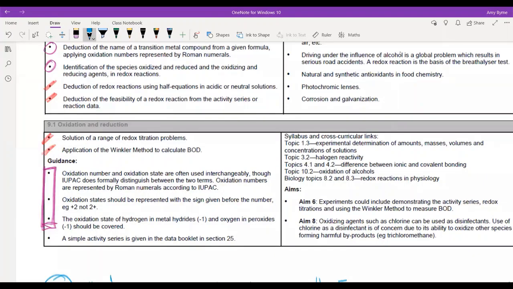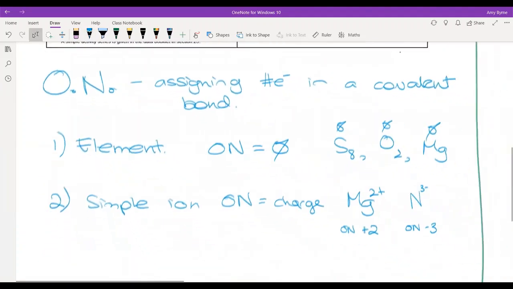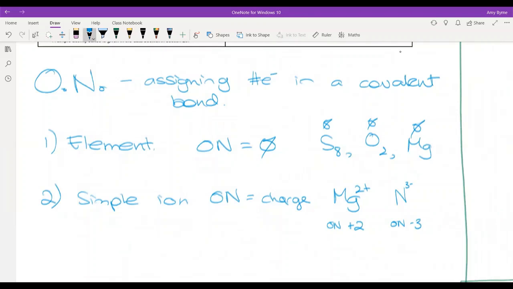Okay, so my apologies. I just needed to double check something up here. So I have made the mistake that they indicate here. I have used the terms oxidation number and oxidation state interchangeably. So oxidation numbers are represented by Roman numerals. What I'm doing here is oxidation states because I'm using Arabic numerals.